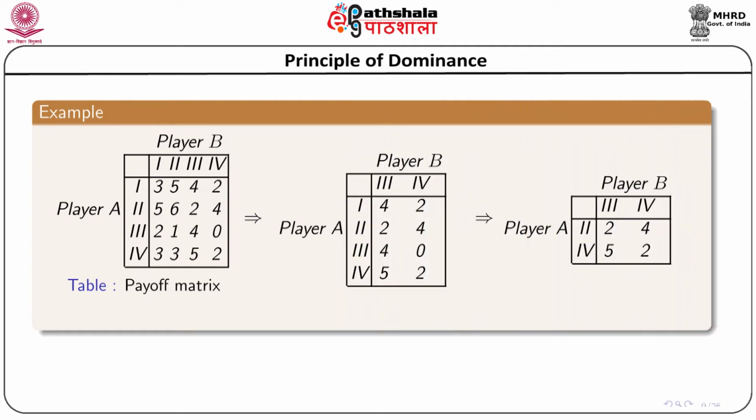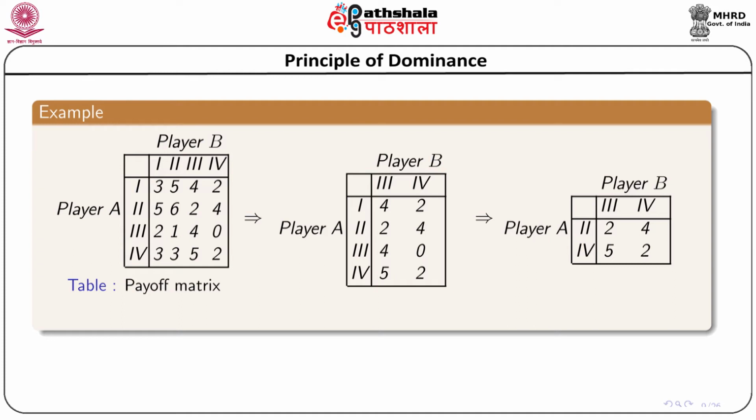The first table in this slide shows the pair matrix for player A. Player A has 4 courses of action and player B has also 4 courses of action.